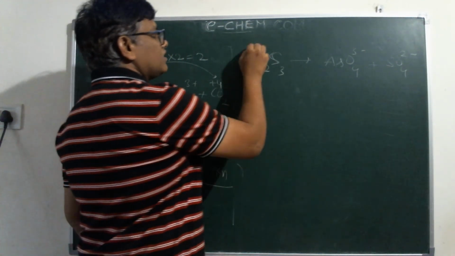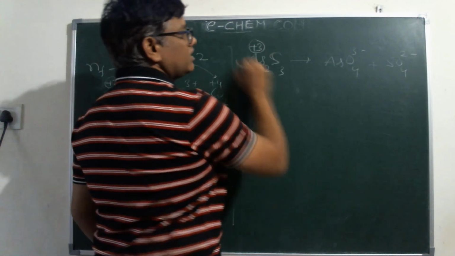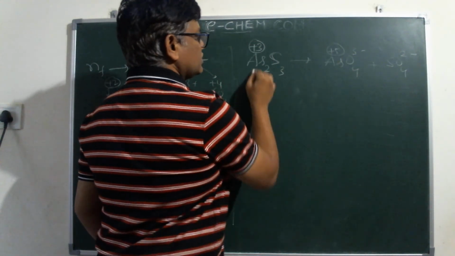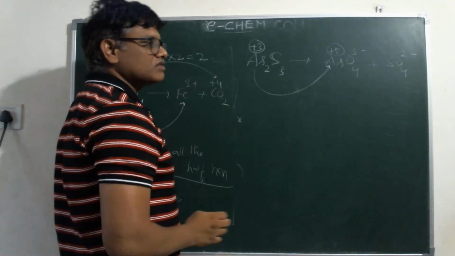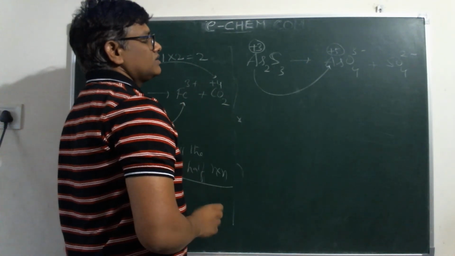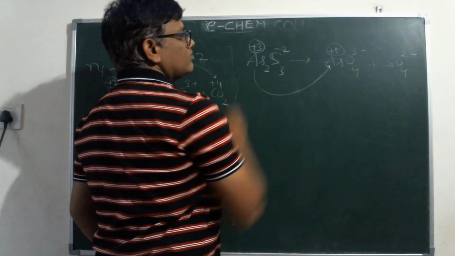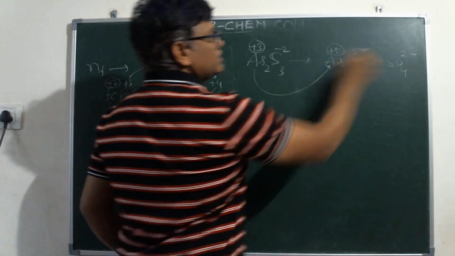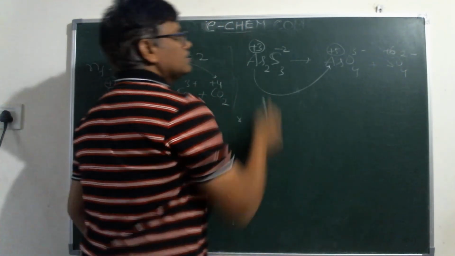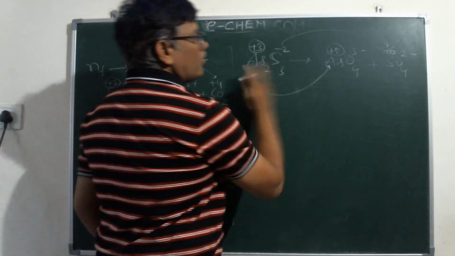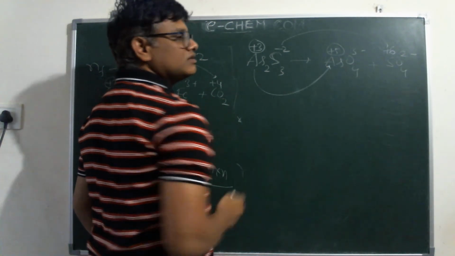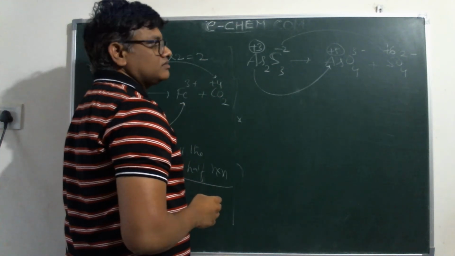So arsenic oxidation state in this case is +3 and becomes here +5. So oxidation state is increased. This is oxidation. Now here sulfur oxidation number is -2 changing into +6. Oxidation number again is increased. That's why overall you can take this reaction as an oxidation reaction.